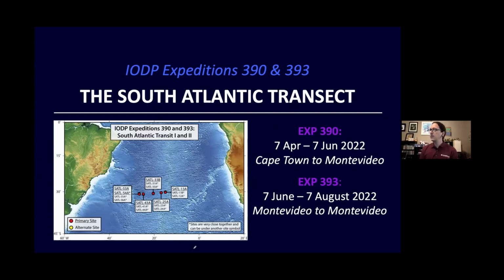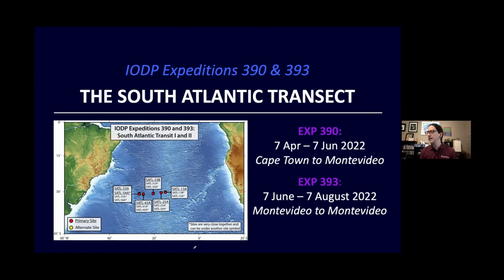The broad view of Expeditions 390 and 393 is to go out and sample a flow line of the Mid-Atlantic Ridge. I'll talk a little bit about this. Originally, I should be right now celebrating all of the fantastic successes with Roz that we had as we went out and did this last fall, but obviously that did not happen due to the pandemic.